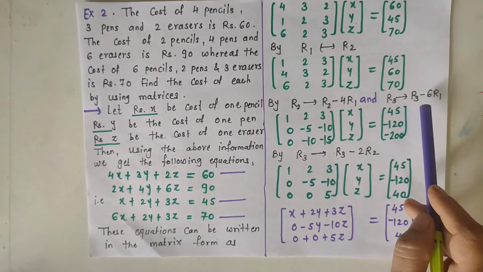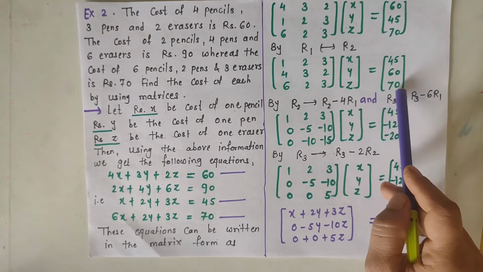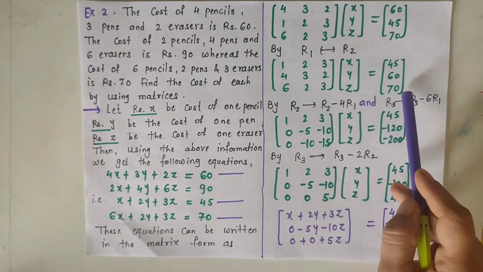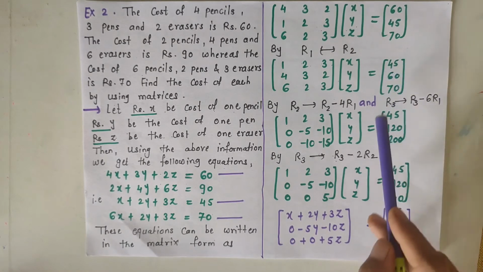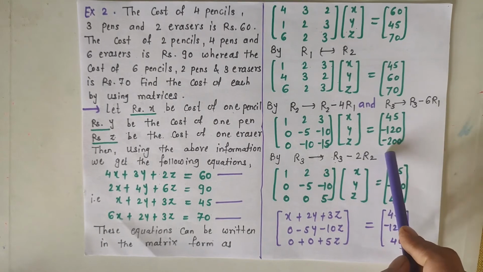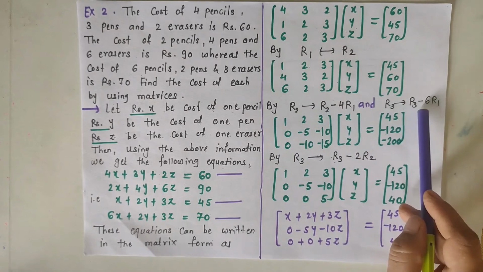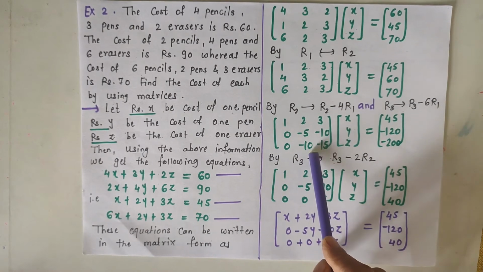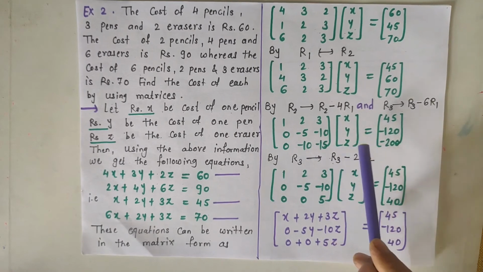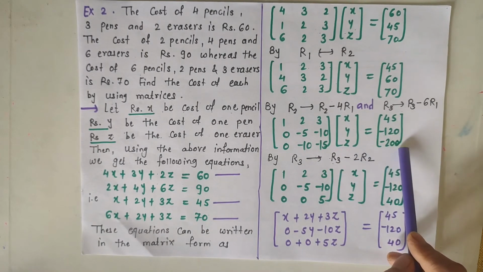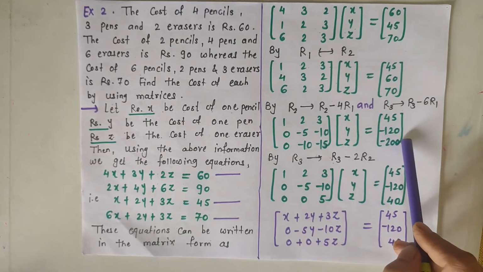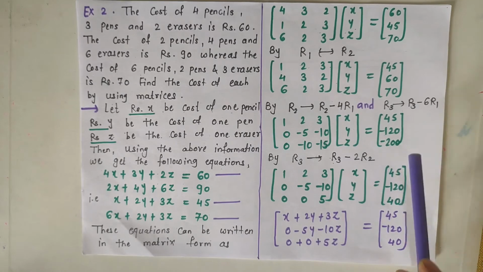The same row transformation is applied on the constant matrix: 70 minus 6 into 45, which gives minus 200. So applying this transformation, we get the new matrix into the variable matrix x, y, z equal to the constant matrix with the elements 45, minus 120 and minus 200.